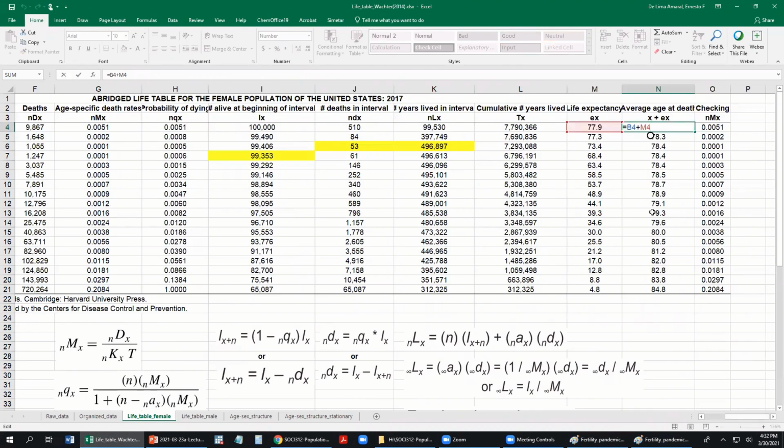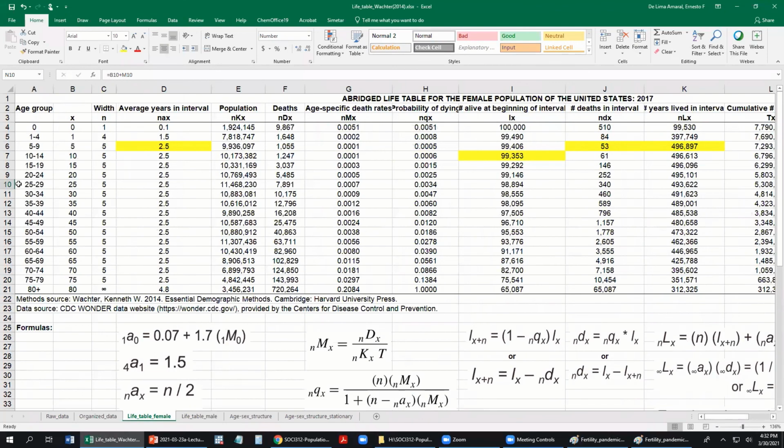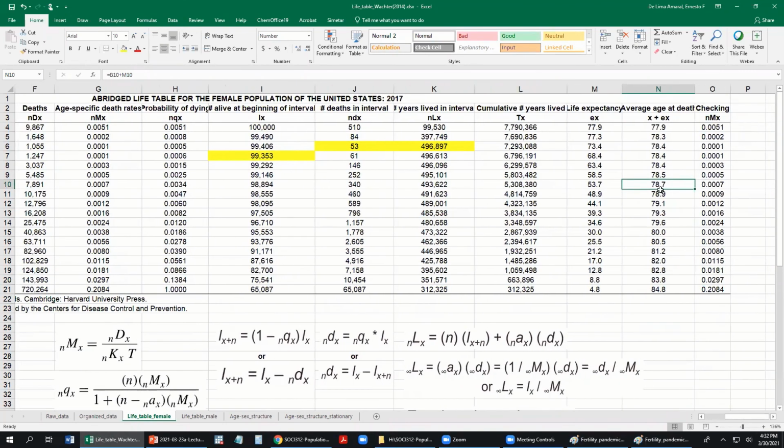So someone who survived up to age 25, we expect that person to live up to age 78.7. So we got some additional bonus life here. And this is just another way to calculate, an exercise to see if everything was correctly calculated. This column here is just similar to the original column. It's just checking if everything was calculated correctly.